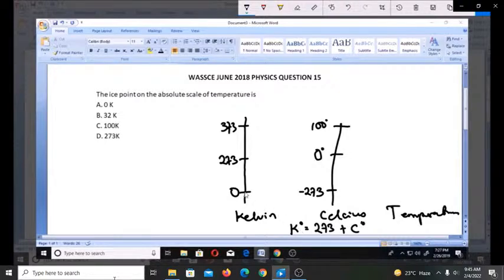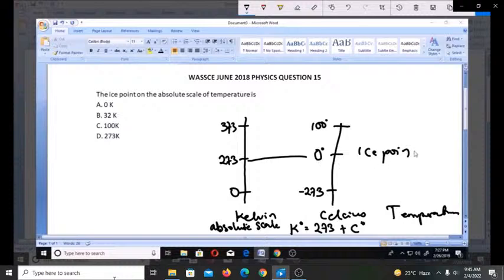So that's how we got this, because we added 273 to everything here to get this scale. Now, this is the ice point we know. So the ice point is actually on the Kelvin scale, which is the absolute temperature scale. Always know that whenever you say absolute temperature or absolute temperature scale, we are talking about the Kelvin scale.